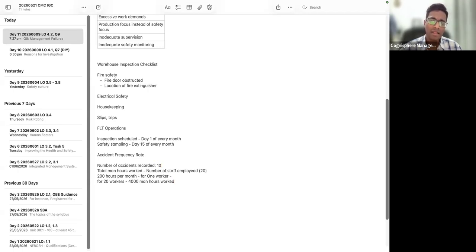And then you will be using a multiplier. Now, in general, if you are making a comparison between, let's say, two organizations, but the size of the organization is different, we cannot do a direct comparison with the number of accidents recorded. So for that, we use something called a multiplier.